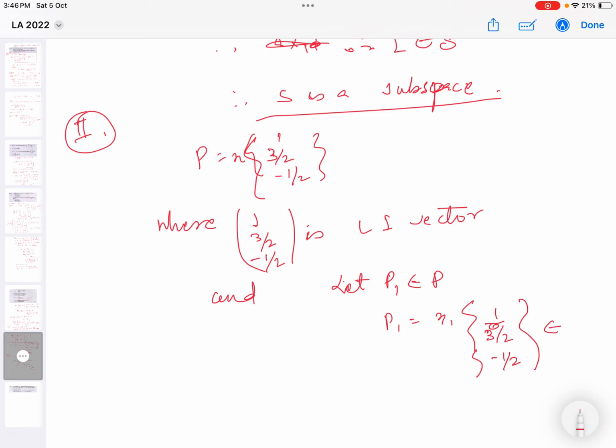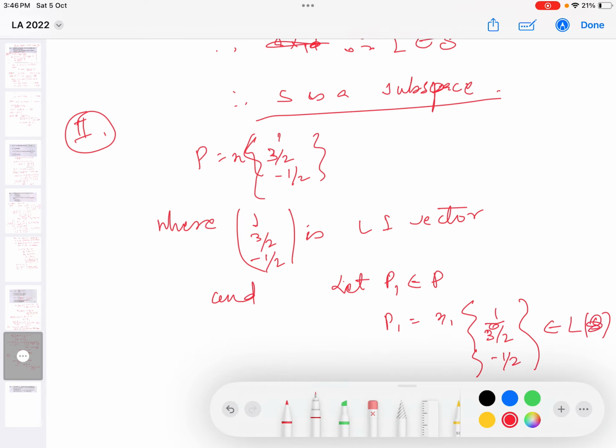P1 is an element of S. Element is a linear combination of (1, 3/2, minus half).